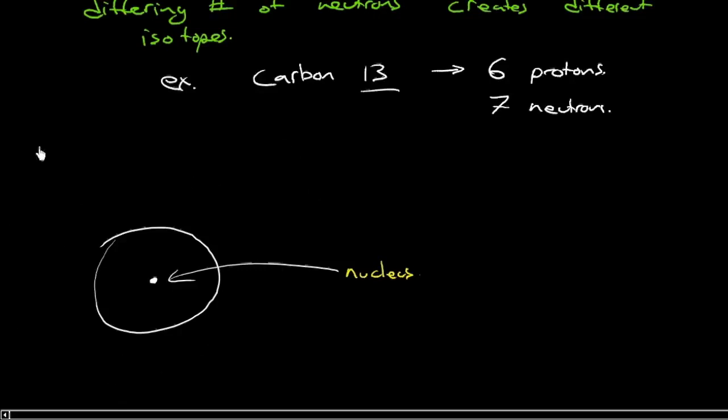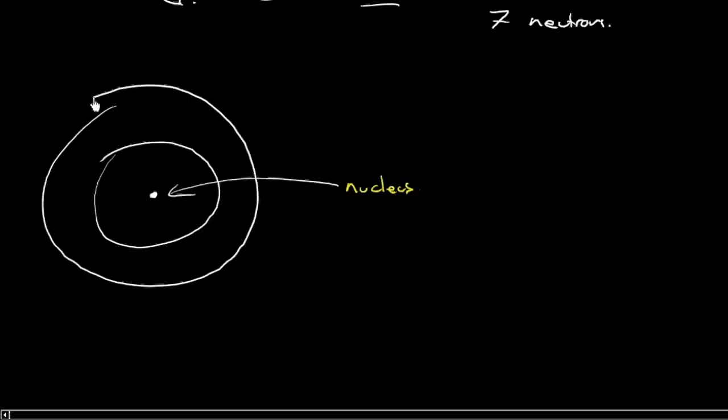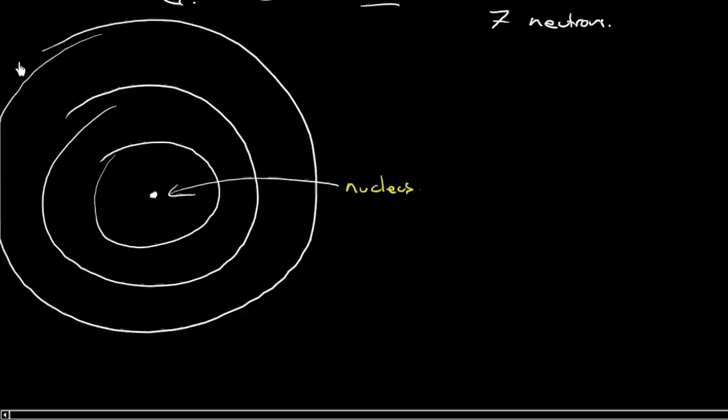Let me try that one more time. Specific shells. I'm trying to get these things to be kind of concentric. These shells surrounding the nucleus. And you could have an electron in one of those shells.